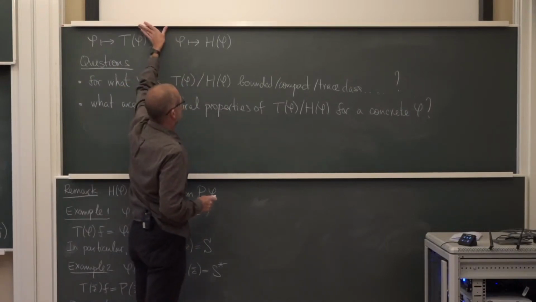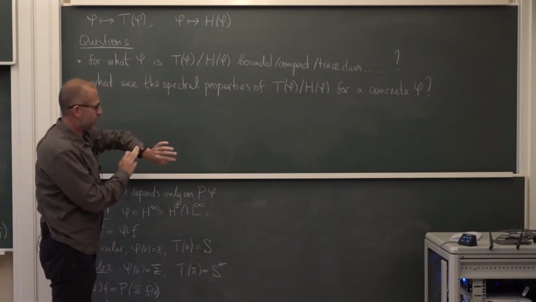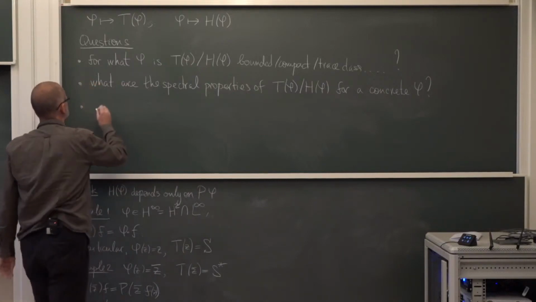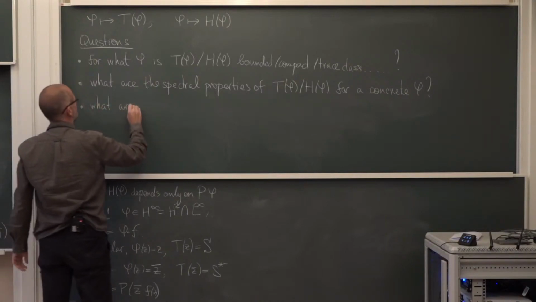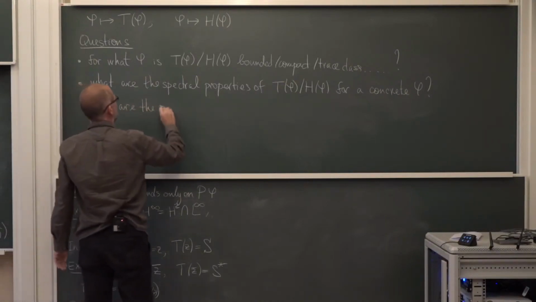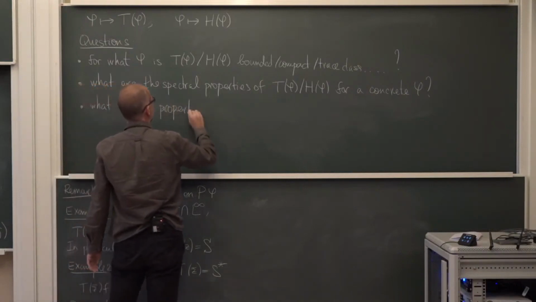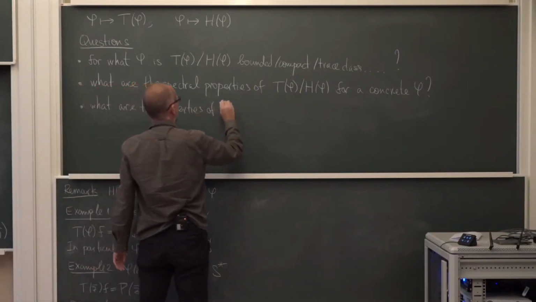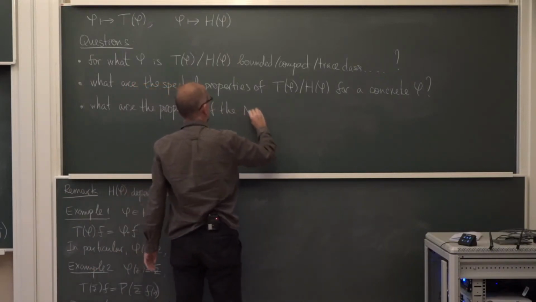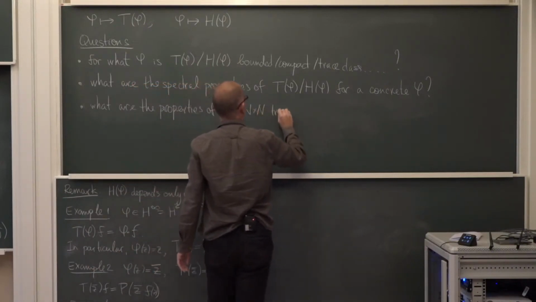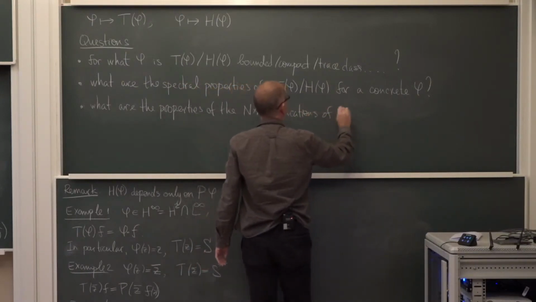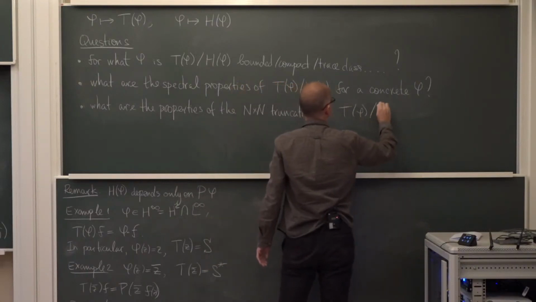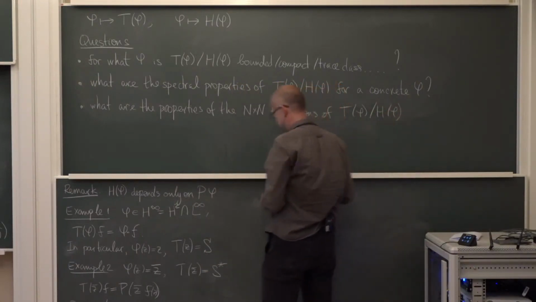And another question, which I will hopefully mention a little bit, is the truncations. What are the properties of the n by n truncations of the Toeplitz and Hankel operators?